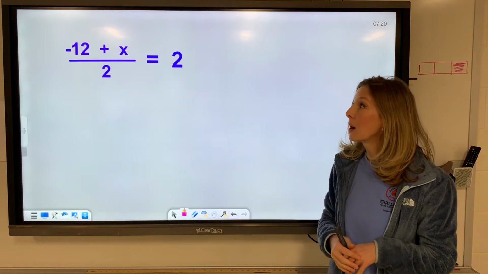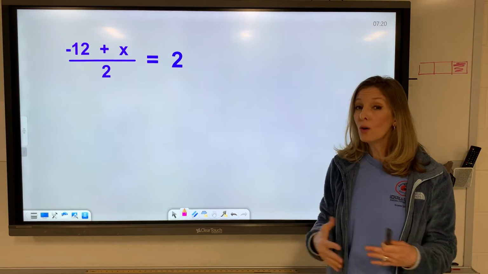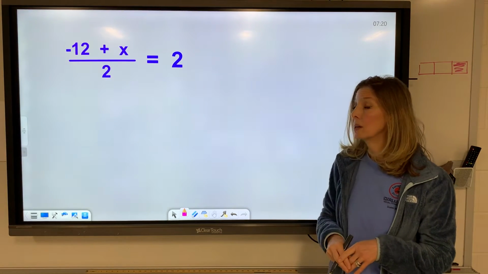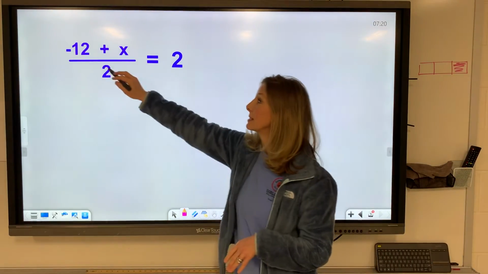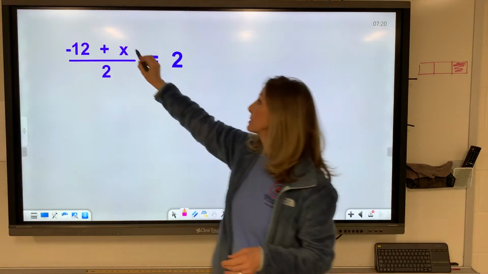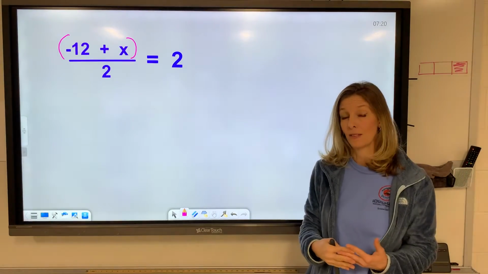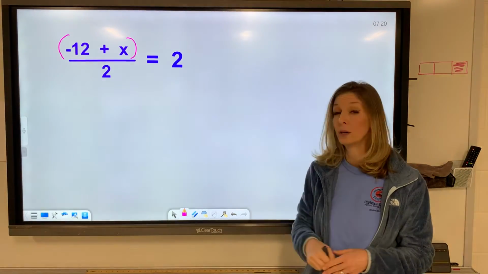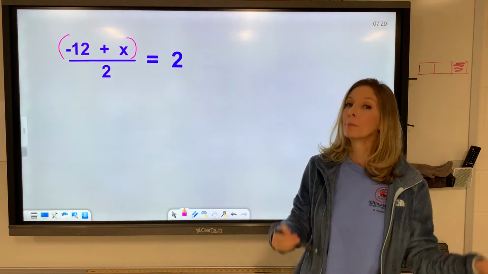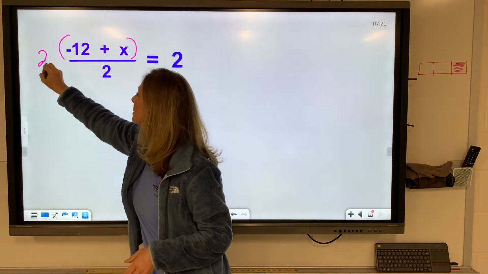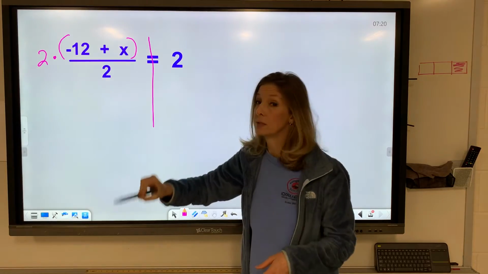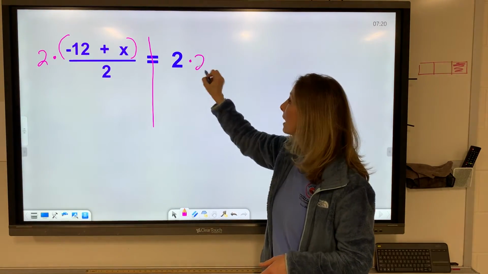We have negative 12 plus x over 2 equals 2. So what is happening to this entire part up top, negative 12 plus x, is that the entire part of it is being divided by 2. So we are going to undo that by multiplying by 2. If I do it to one side, I do it to the other.